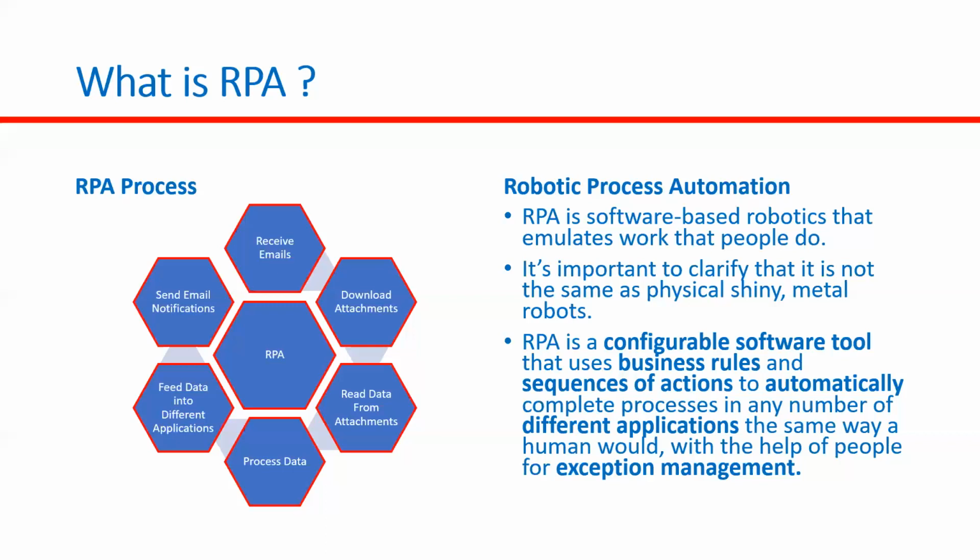It's basically the activities. Each and every RPA tool may have so many inbuilt activities that we can drag and drop to the process area, and we can build our business process using those activities.